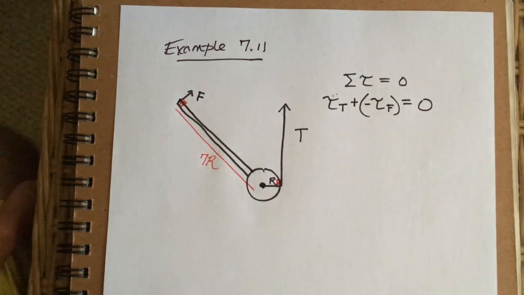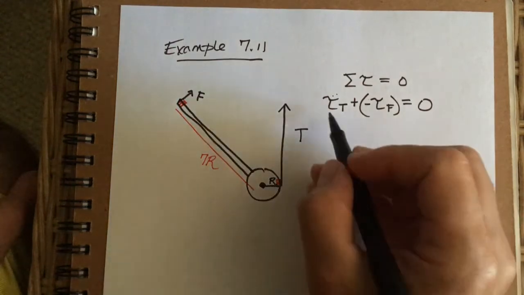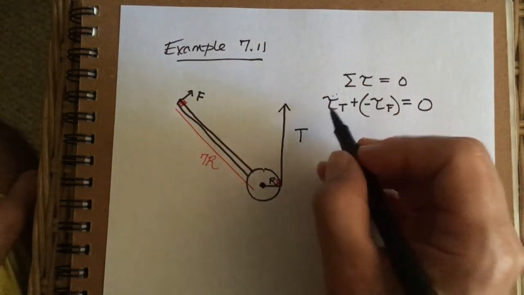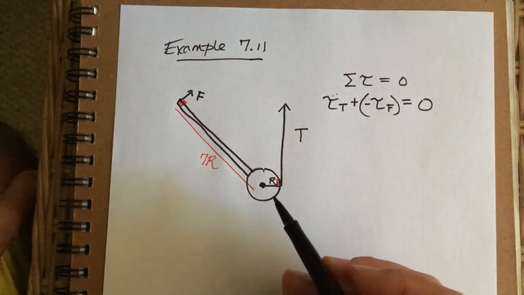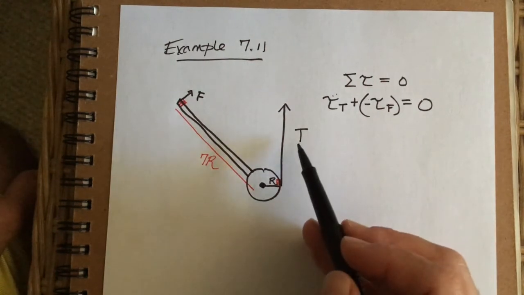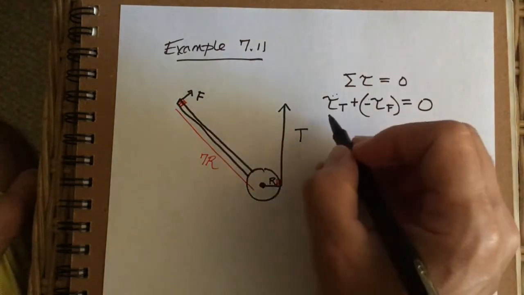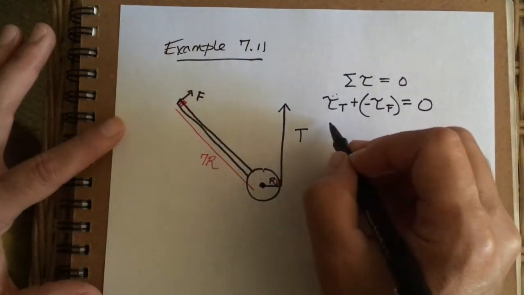So let's go ahead and plug in our values, right? We know the torque from T is going to equal r cross F, which is going to be r times T, and then the angle is 90, so sine 90. Let me see if I think I can write this down here.